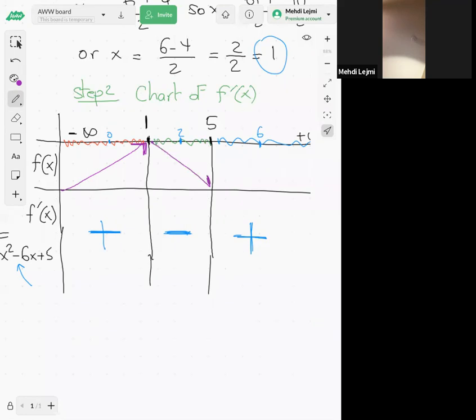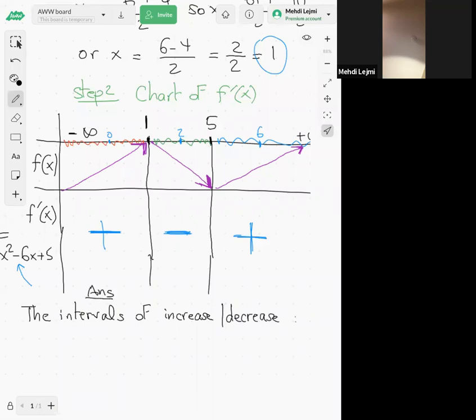The derivative is negative, so the function is decreasing. And on the third interval, the slope or the derivative is positive, so the function is going to increase. All right, so to answer the question, the intervals of increase and decrease, this is the answer here.